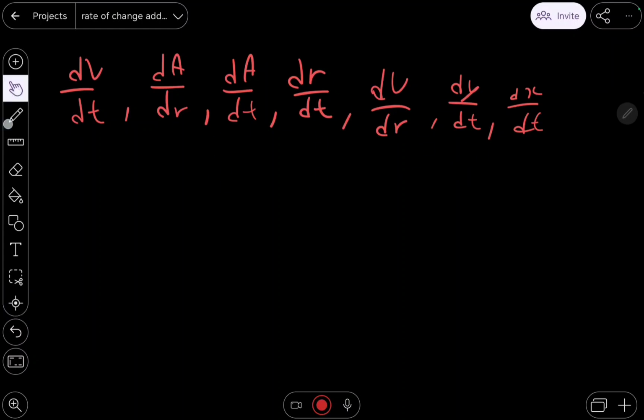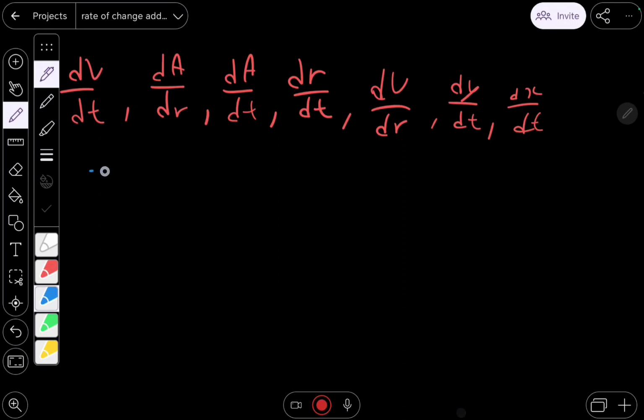So rate of change, right? One tip I can give you is to look at the keywords. We'll be doing 2 example questions later, so I will teach you how to do rate of change questions effectively and efficiently. Look at the keywords.